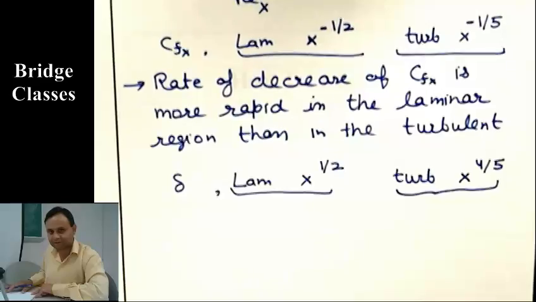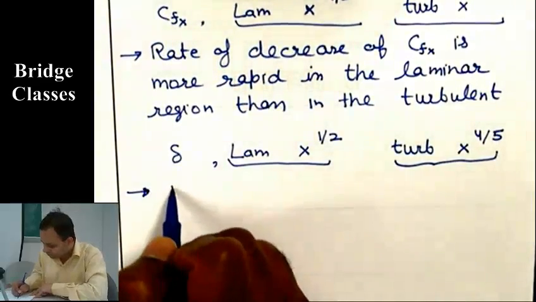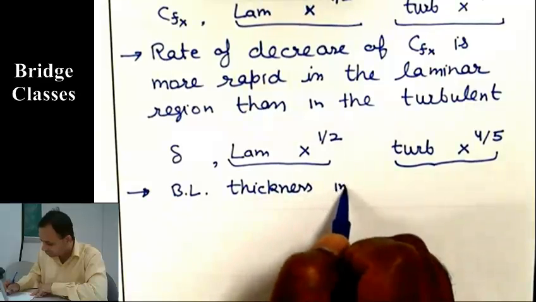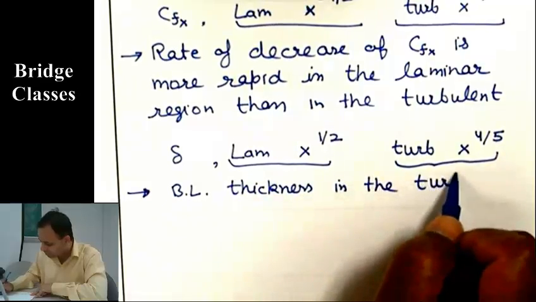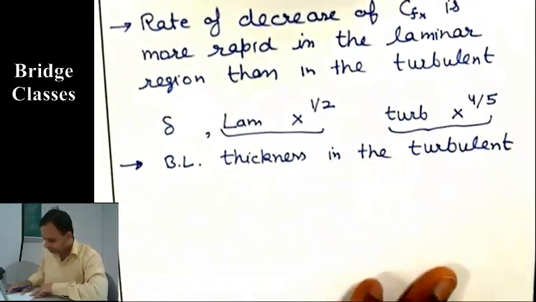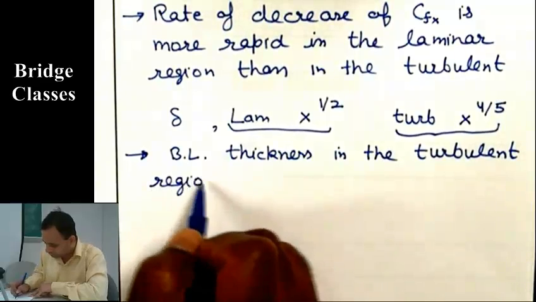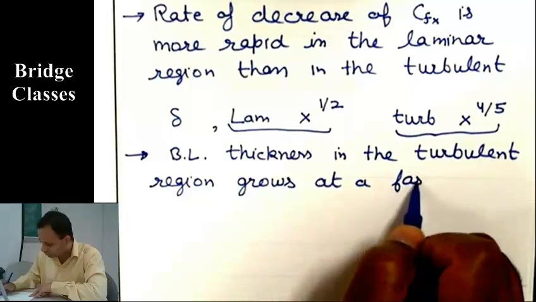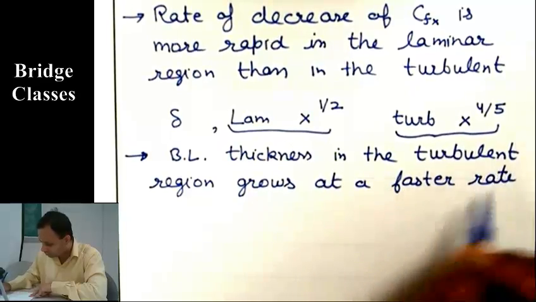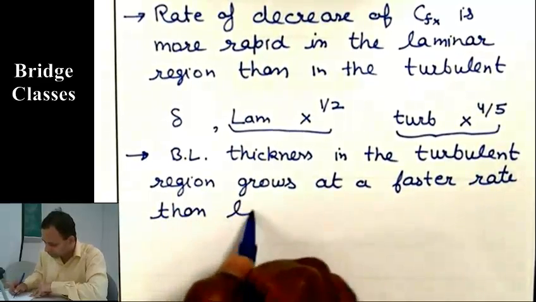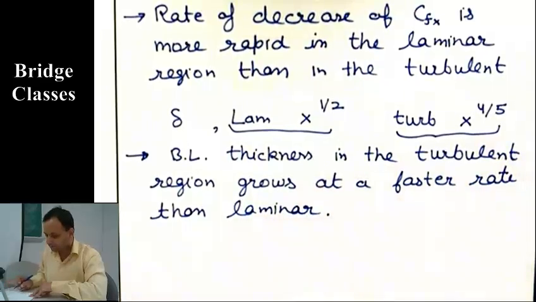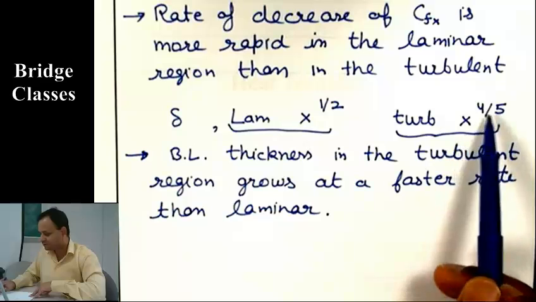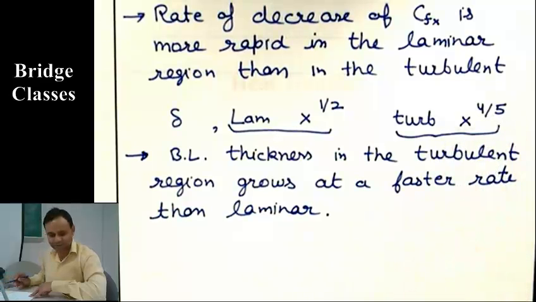Okay, so you have the opposite result, that the boundary layer thickness in the turbulent region grows at a faster rate than laminar, because in the laminar region it increases with square root of x, and this is x to the power 4 by 5. So turbulent boundary layer increases at a faster rate. Okay.